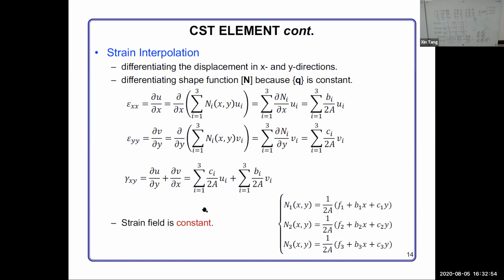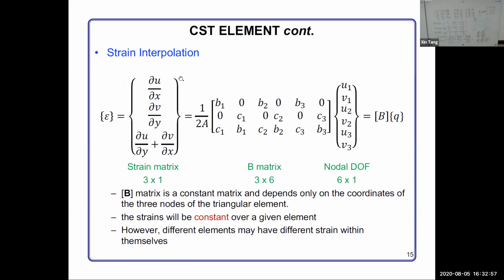Now, this can also be written in matrix notation.